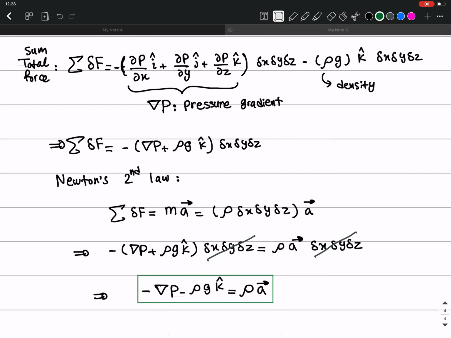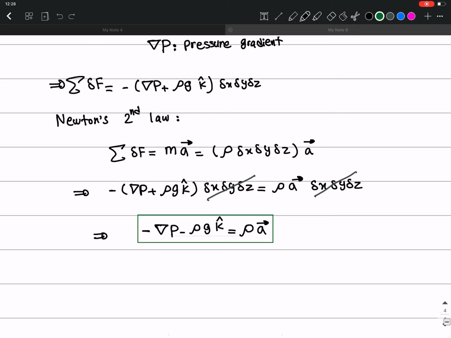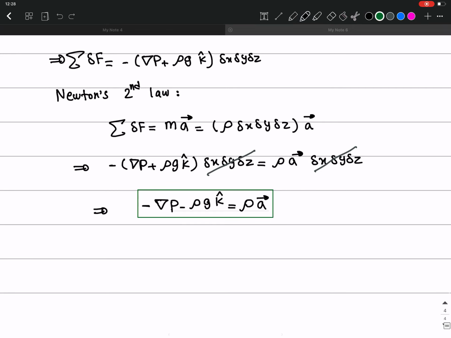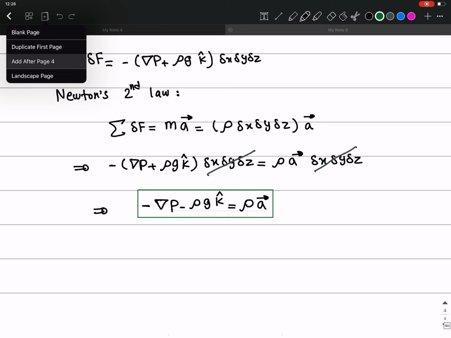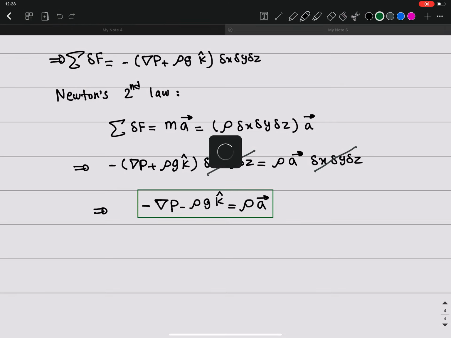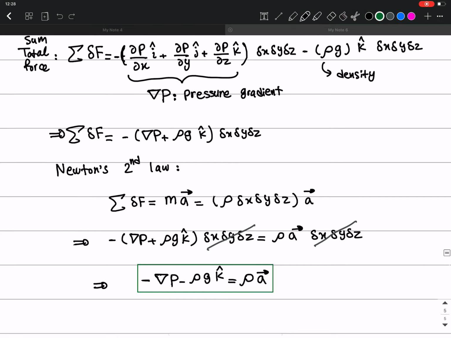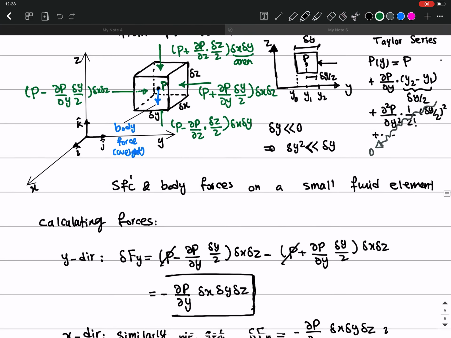Because this shows the force balance in a fluid element, which consists of the pressure gradient and the body force, the body weight of the fluid, and this equals the acceleration in that fluid element. Okay? So remember this one because this is an important formula. And now I want to use this formula to answer my question.